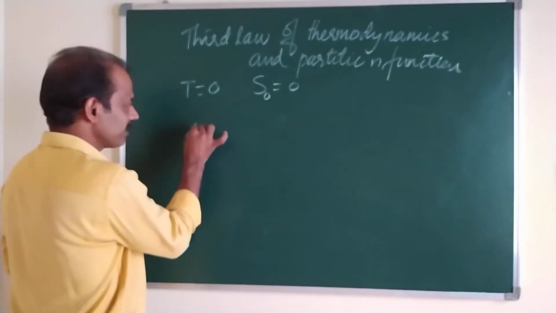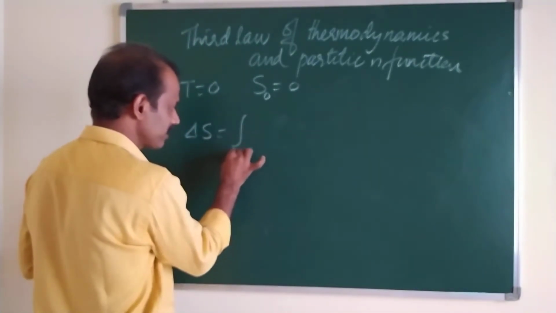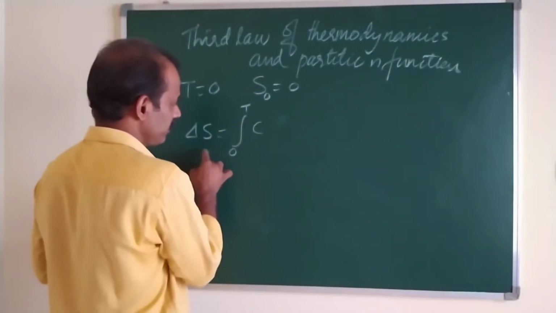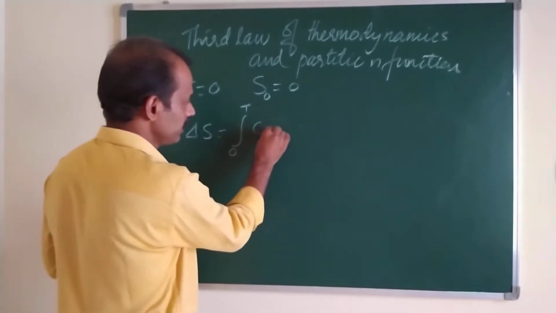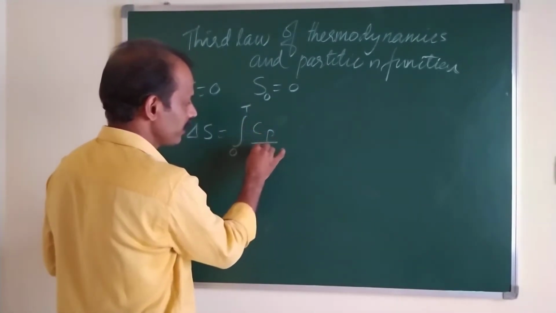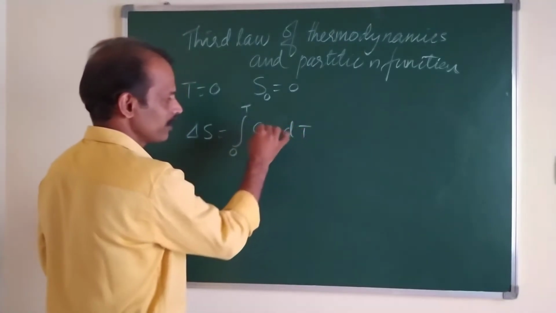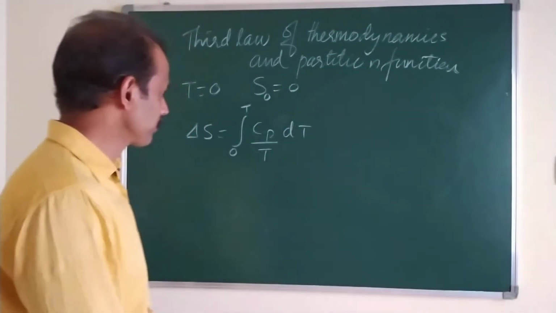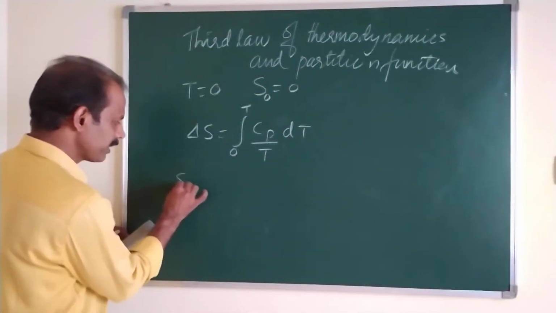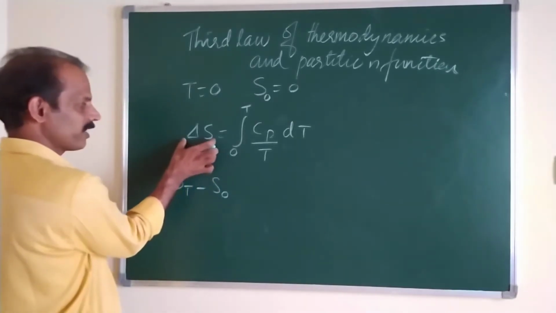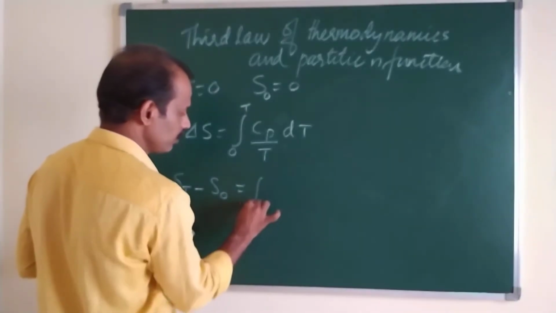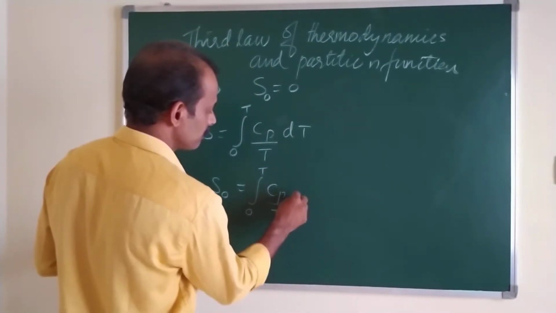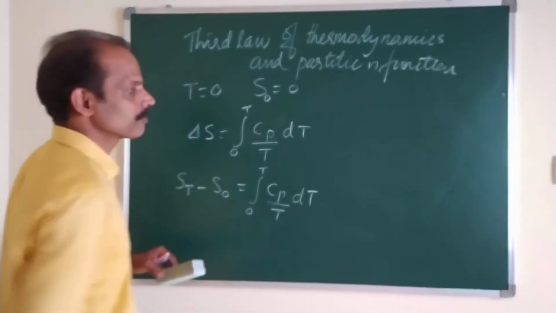And mathematically we can write the third law as delta S is equal to integral 0 to T of Cp by T dT, where Cp is the heat capacity at constant pressure. Or we can write it as S minus S0, the difference in entropy, which is equal to integral 0 to T of Cp by T dT.